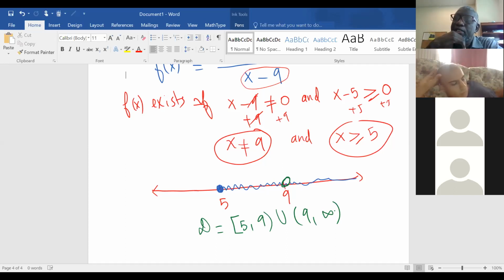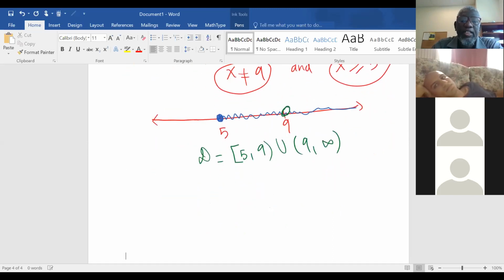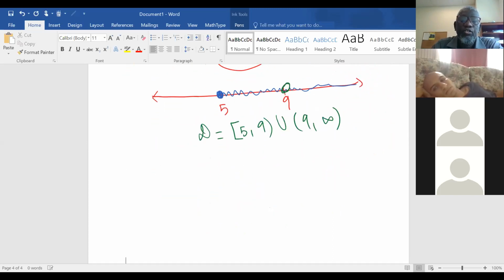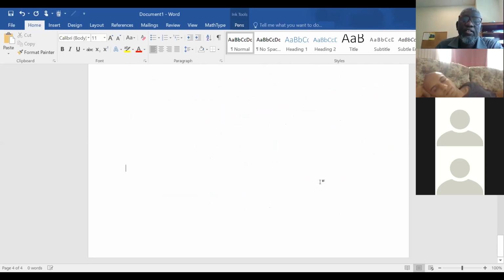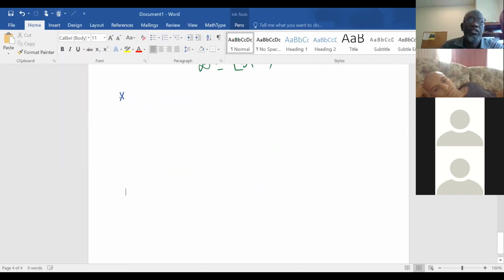Always you have to find the domain, okay? All right, so we want to talk about that a little bit. So now we say how to find increasing functions and decreasing functions.